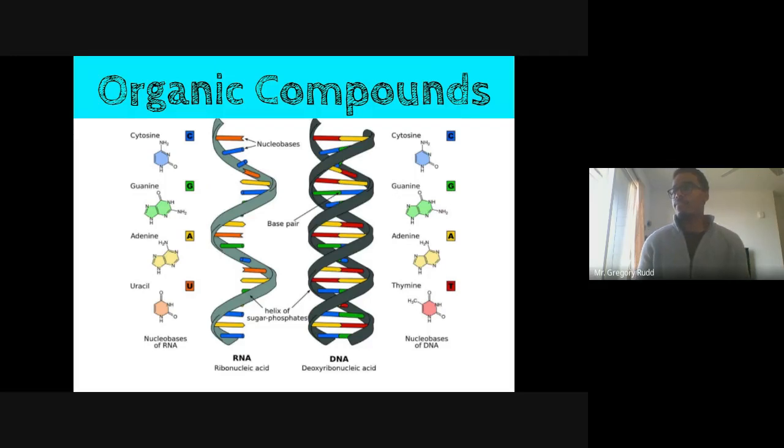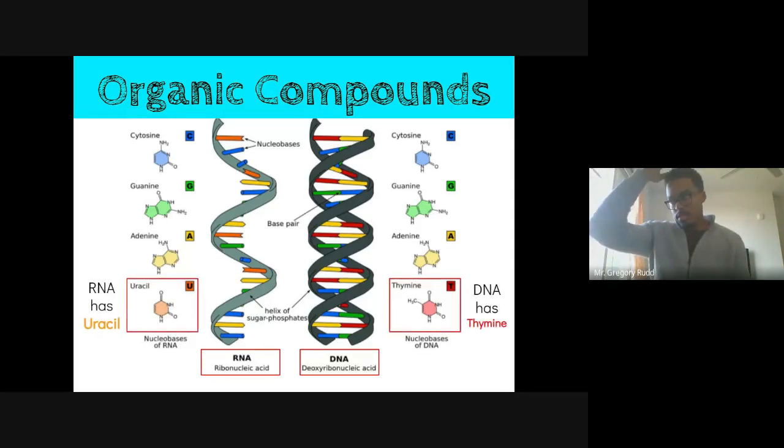So here they are again. DNA on the right and RNA on the left. We can see that DNA has thymine and RNA has uracil. You can see a very, very small difference between them. Thymine has what's called a methyl group.